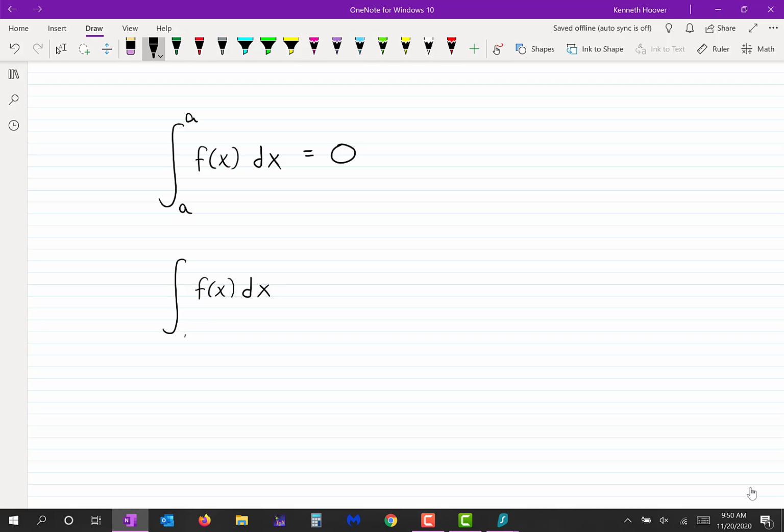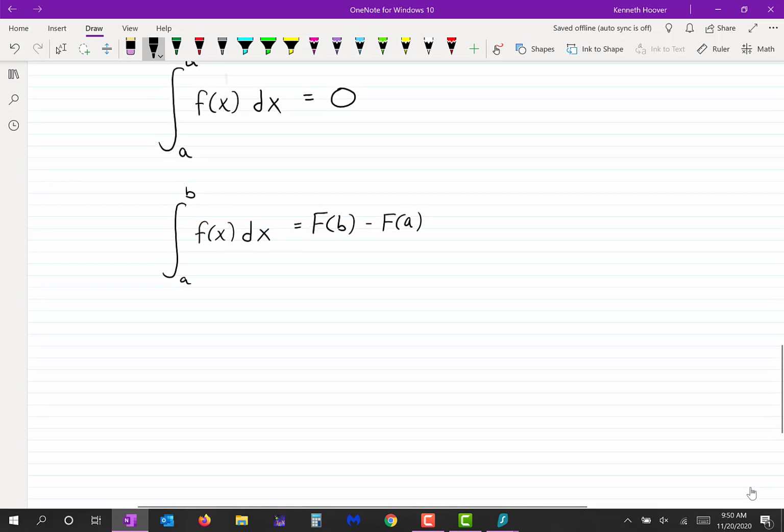Let's write the integral of f from a to b. Now, let's just do a little bit of work here. Wouldn't that be capital F of b minus capital F of a, where capital F is an antiderivative of little f, right?